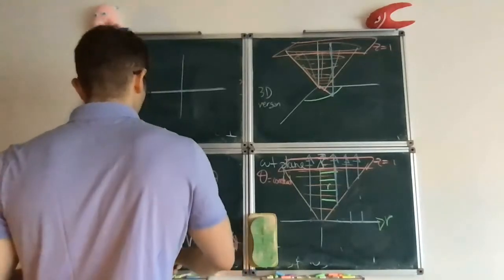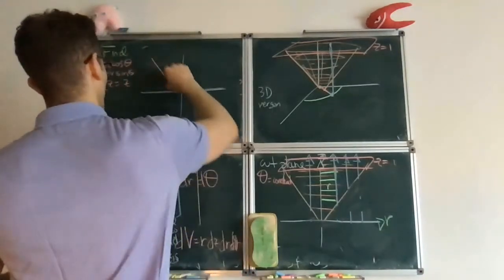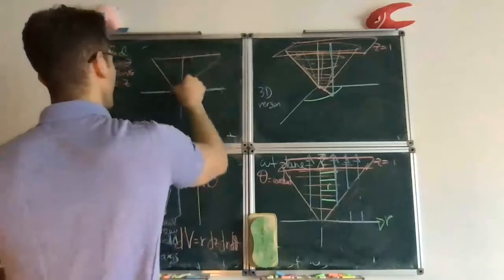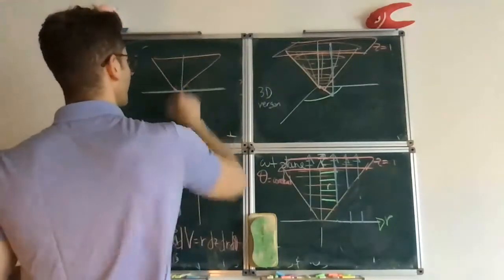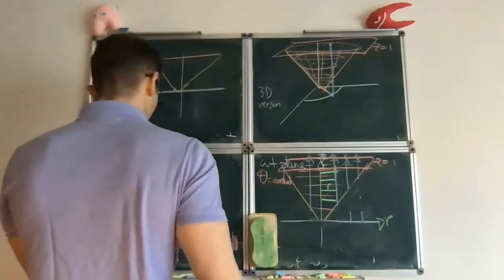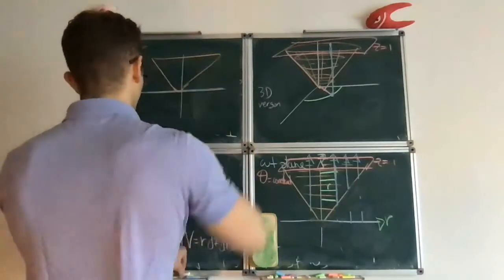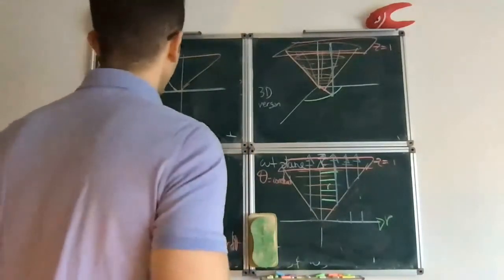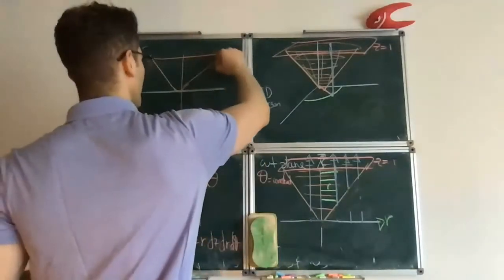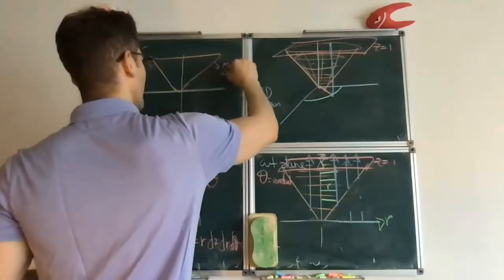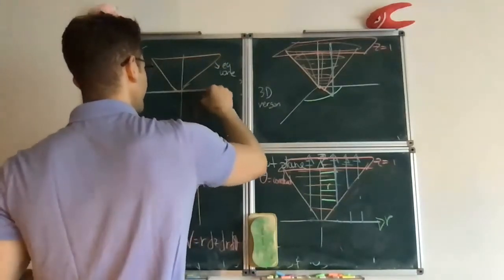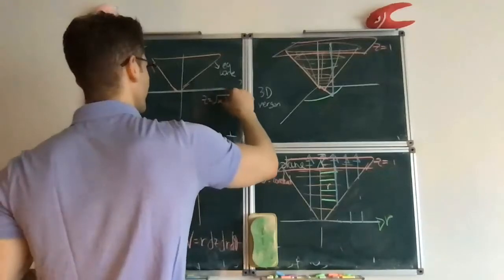So again, let me draw this a little bit more carefully. What is this line corresponding to? Well, that corresponded to the equation of the cone. The cone had equation z equals root of x squared plus y squared.